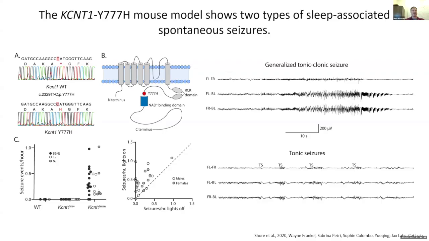And if you look at C, in the homozygous mice at least, these seizures were variable from mouse to mouse but fairly frequent, and in keeping with the disease, were more likely to occur in the lights-on period for these mice. Subsequently, we showed that they primarily occurred during non-REM sleep. So that's the YH variant.